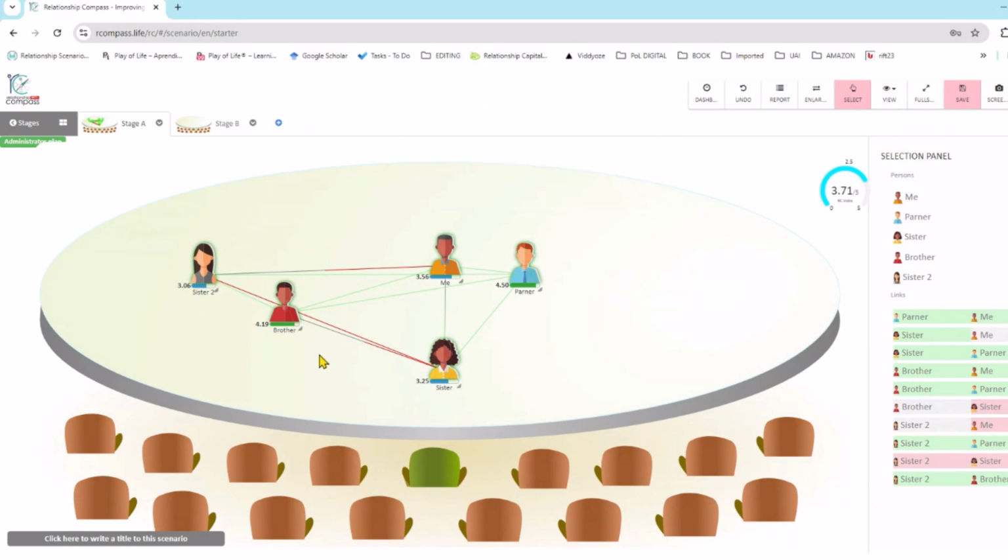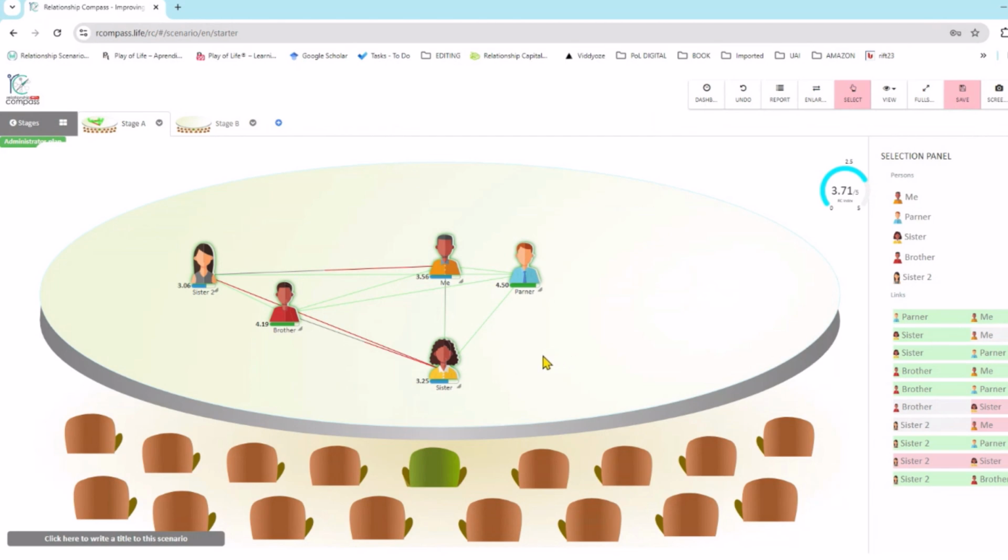Between the two sisters we already said. Is there any relationship between them and your partner? Any relevance there? Do they interact? What happened between them and your partner?